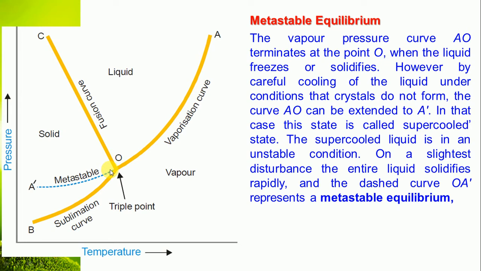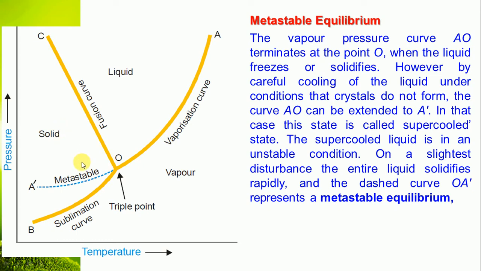Instead of becoming solid ice, it is remaining in its liquid state. But if you slightly shake the liquid, which is remaining in the liquid state below 0 degrees Celsius, then after shaking, the liquid will become solid ice.